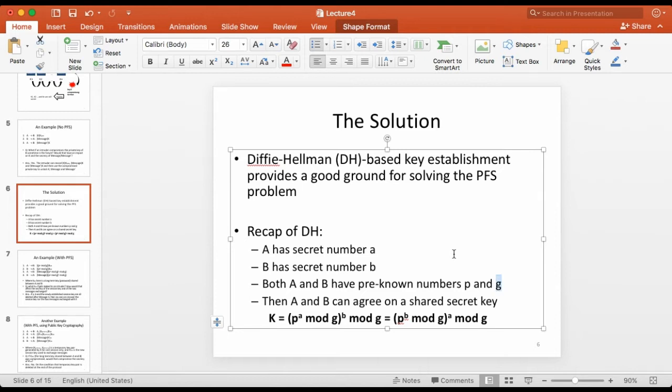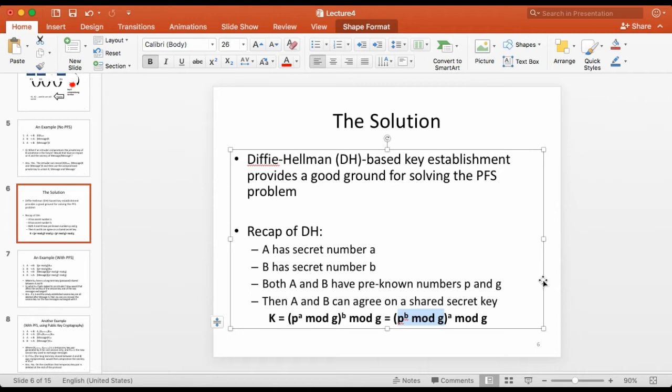Then both parties will exchange two numbers. Alice will send to Bob the following number, p raised to the power of her secret number small a modulus g, and Bob will send to Alice the number p raised to the power of the secret number small b modulus g.